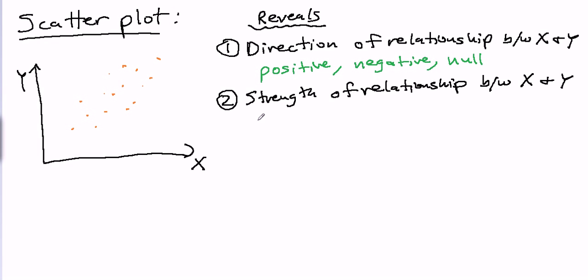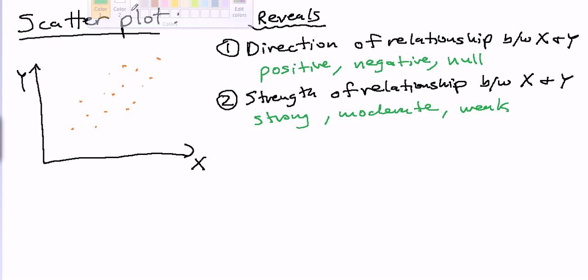For strength, we'll think very subjectively at this point: strong, moderate, weak. Until we see a couple of these plots, it's going to be difficult to make this call. Once we have a few to compare and contrast, you can get a sense of which ones are stronger and which ones are weaker and which are just moderate. So we'll hold off judging this one on strength for now.